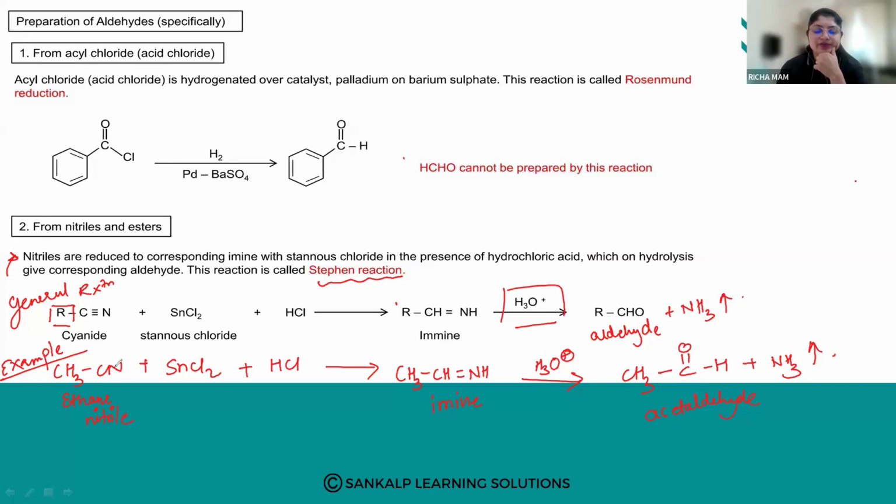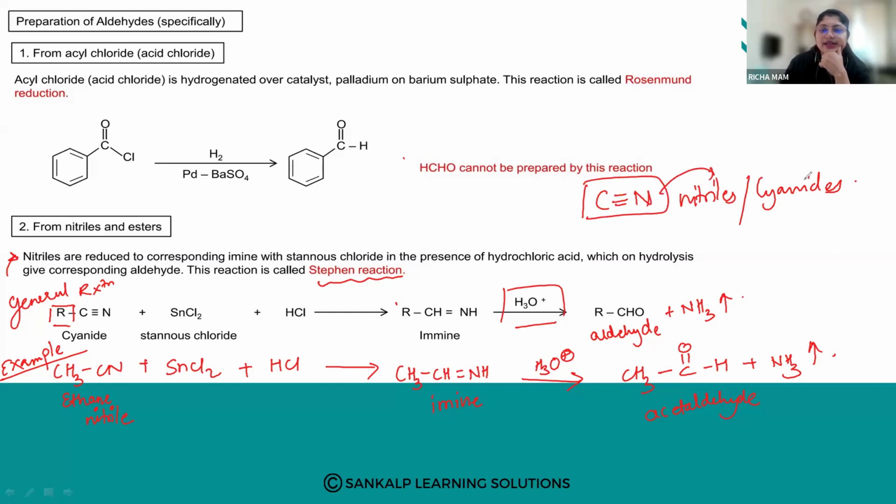So what we are doing: we are taking nitriles, or cyanides, that is C triple bond N. We are reducing, adding a molecule of hydrogen across the triple bond, and on hydrolysis we get aldehyde.